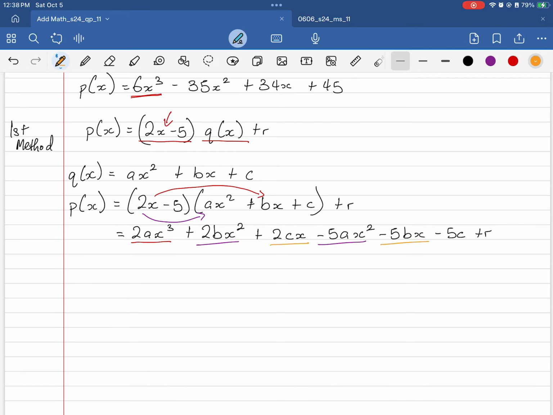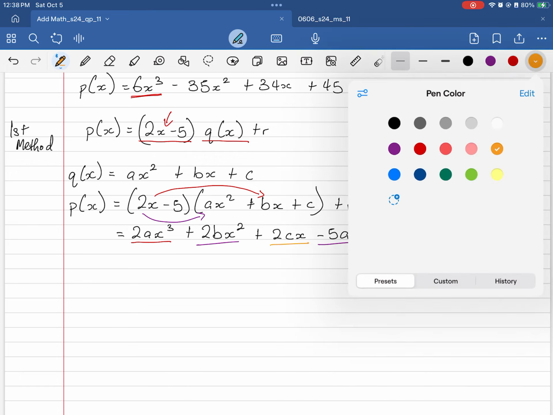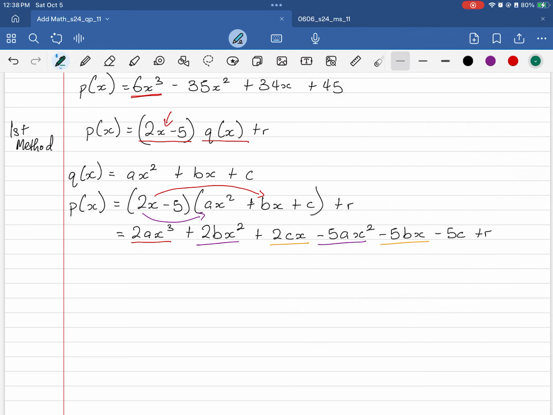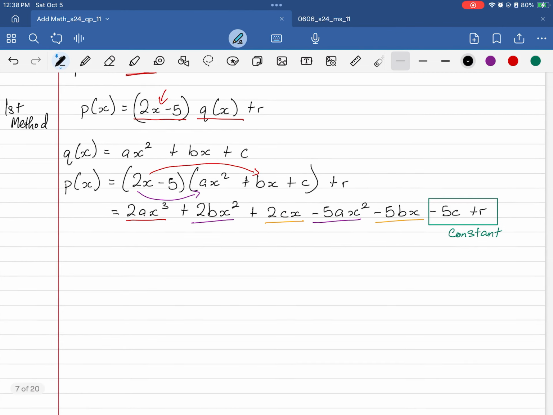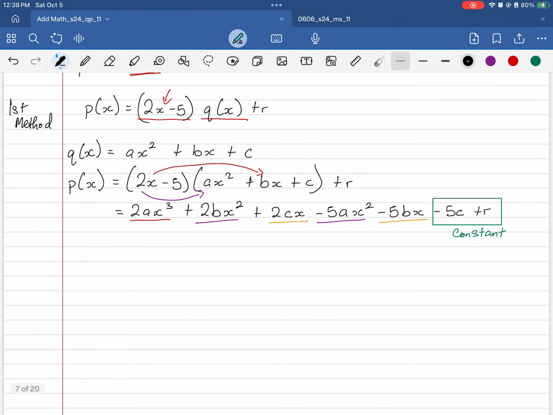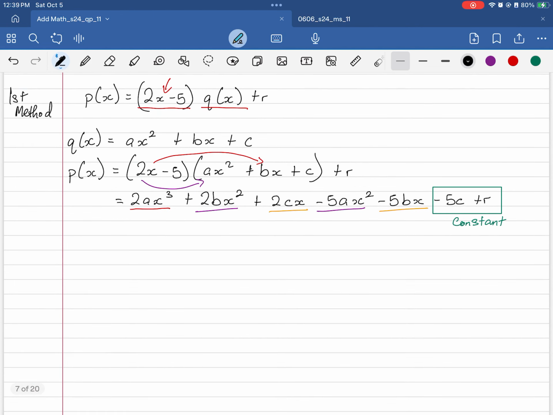Then this whole thing, I think I'm going to use a different color. This whole thing here is going to be a constant, because there is no x in it, so minus 5c plus r is going to hold as a constant.